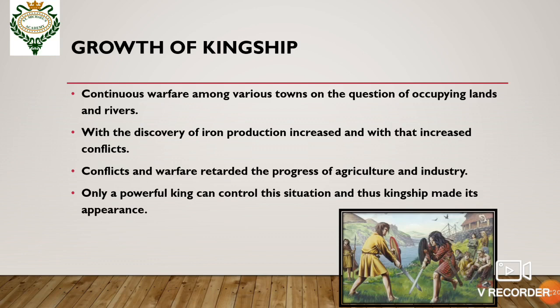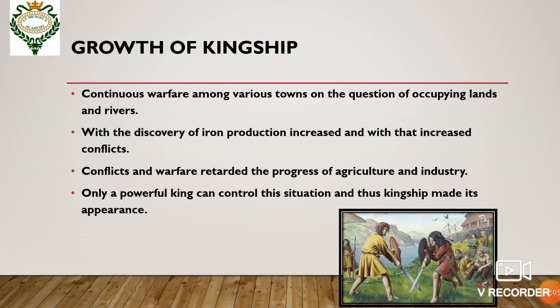Only a powerful king can control and prevent such a situation, and thus the need of kingship was felt. That means there was a need of a king who can control all these people and stop their conflict. And if the conflict can be stopped, what will happen? The production of crops will increase and the common people will prosper and gain from it. That's why there was a need of a powerful king.